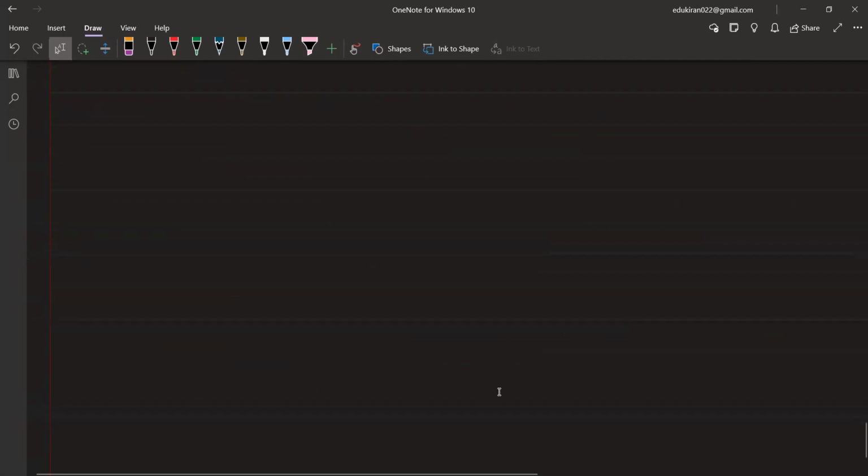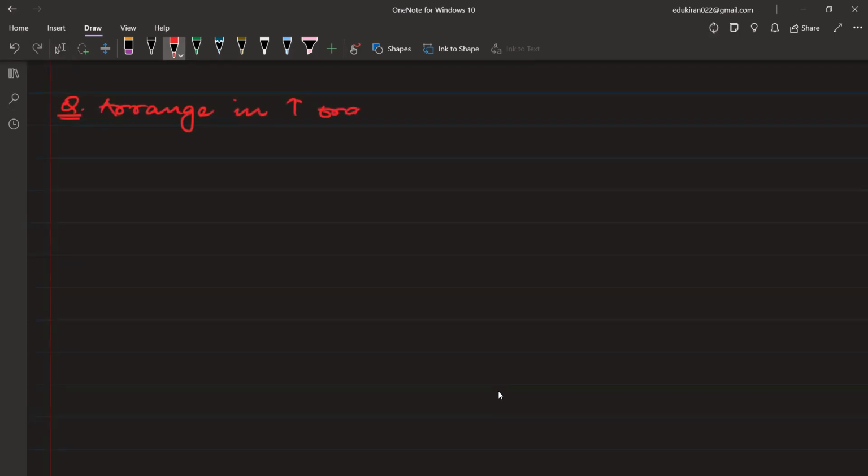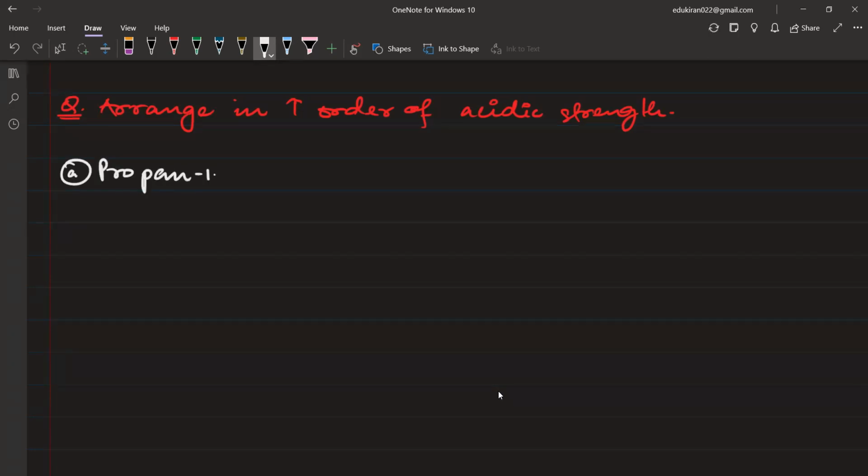Please write, arrange in increasing order of acidic strength. Right? A part, propan-1-ol. B part, 2,4,6-trinitrophenol.